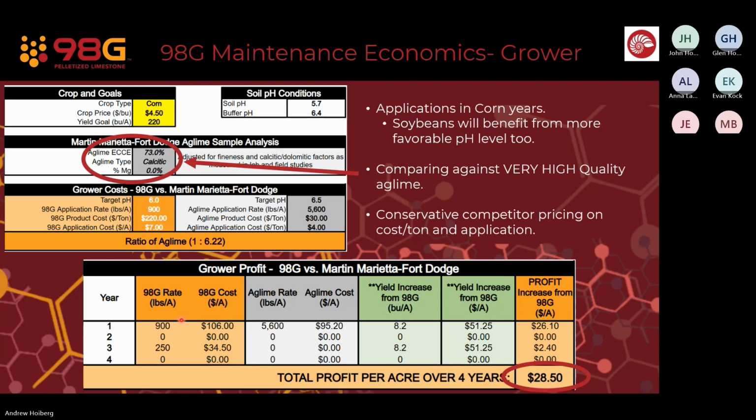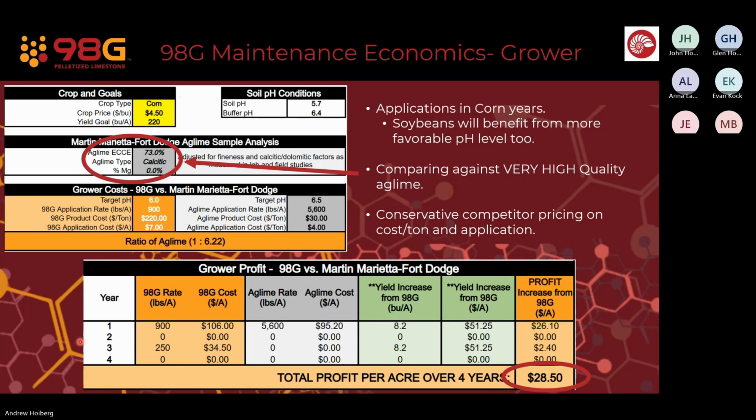We're benefiting from that yield increase that we just talked about a couple slides ago, and adding the corn economics, current crop prices, to get the yield increase benefit in a profit per acre over that 4-year period. This is, of course, assuming a corn soybean rotation with that maintenance rate in there. 200 to 250 pounds, we're probably a little bit on the high side with that 250 rate being our maintenance rate application, like Andrew mentioned.